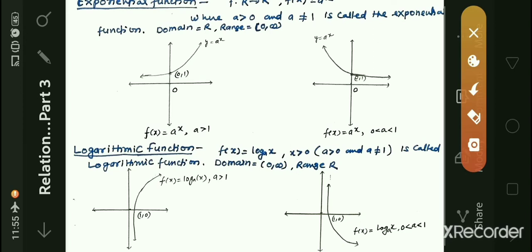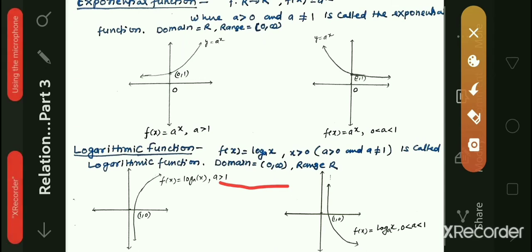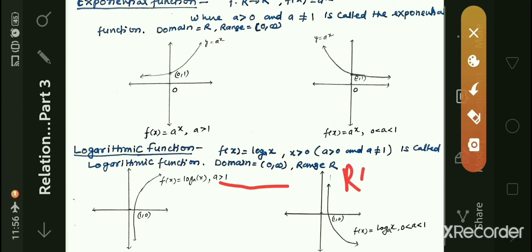Here f(x) is equal to log x base a, when x is greater than 0 and a is greater than 0 and a is not equal to 1, is called a logarithmic function. And in a logarithmic function, domain is 0 to infinity, open interval, and range is capital R, meaning the set of real numbers.